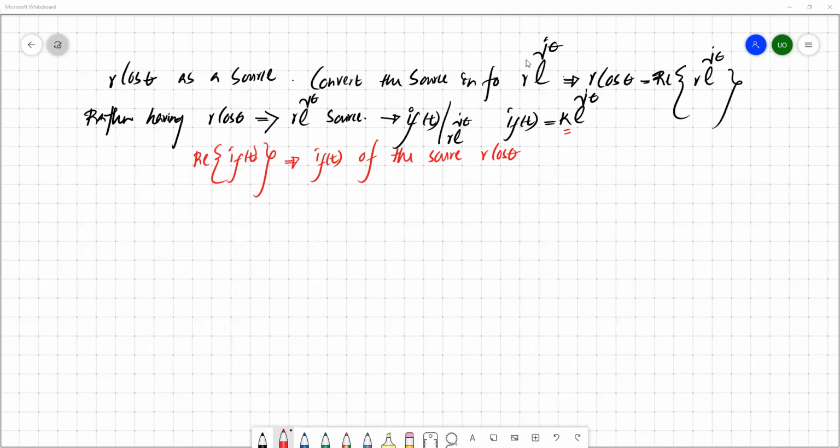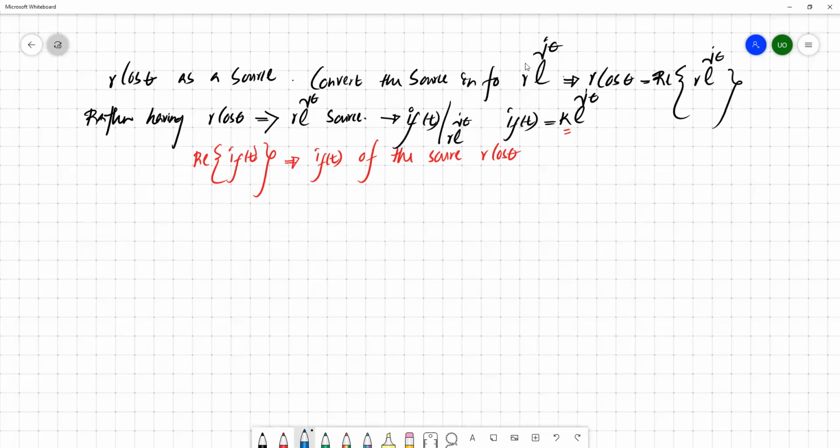So we'll assume that you can find the forced response for circuits where you have sinusoidal excitations as well as exponential excitation. If you have r cos theta, your trial solution would be A cos theta plus B sin theta.